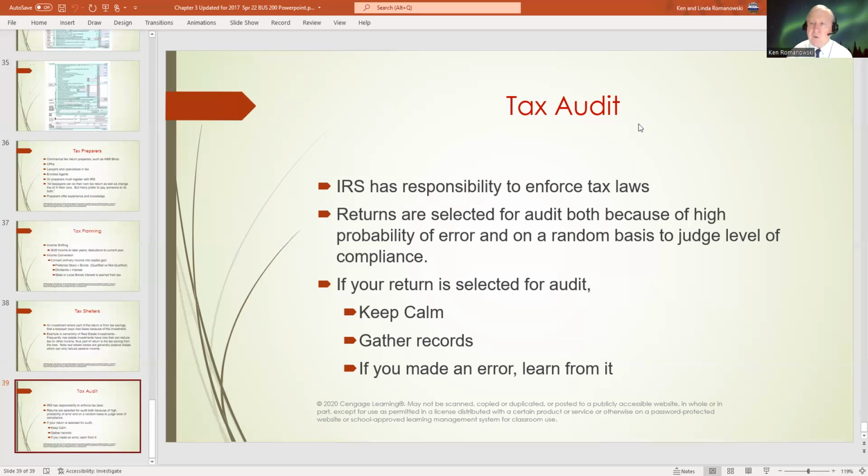Okay. If on the other hand they don't like what they see, then they may bring you in for a personal audit. And at that point, you better make sure that you have all of your tax items with you, because again, you don't want them to reverse what you reported on your tax return.